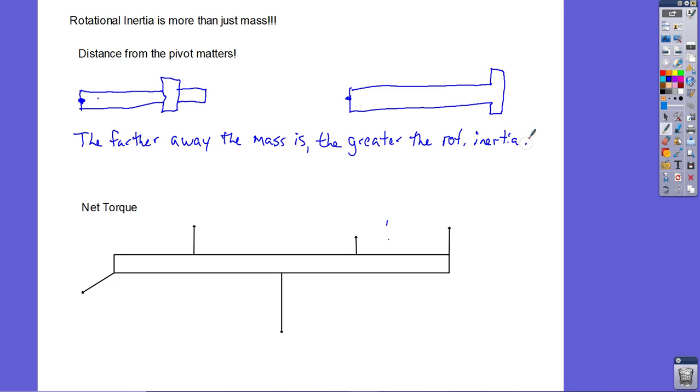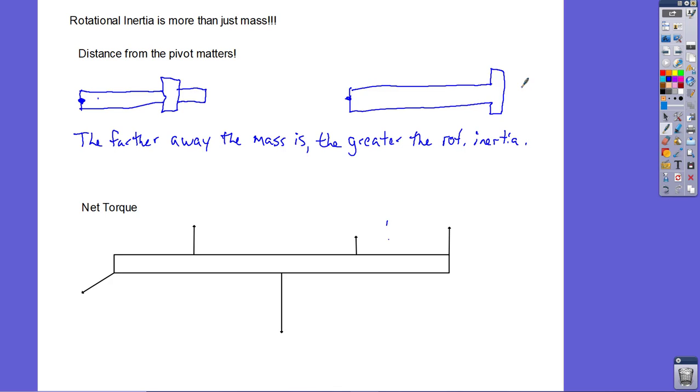So I'm a nerd, so when I go to the grocery store, I notice that when I put the milk all the way at the far end of the cart, it's harder to turn than if I put the milk at the end of the cart that's closest to me. Why is that? That's because there's greater rotational inertia when the milk is all the way at the far end of the cart. Okay?